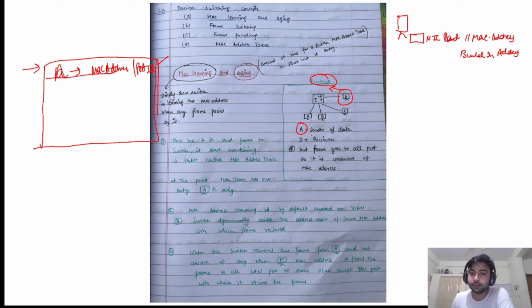Let's say we have sent this data to D. D will reply with its MAC address and port ID and receive the frame, and all the other devices will discard this message because it is not destined for them. Hence the switch is an intelligent device. A hub does not do these operations. It does not maintain a table like the MAC table. Okay, let's move and see the next slide.